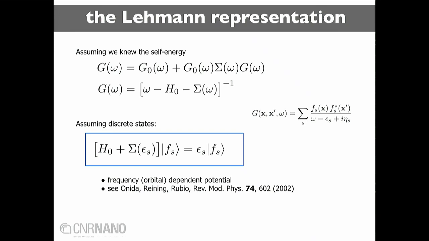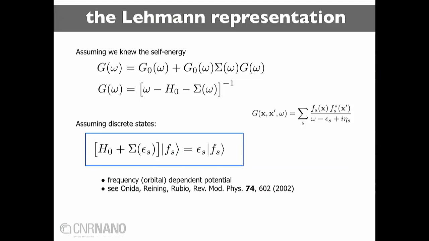This is a definition. How can we compute this quantity? I'll assume you are familiar with this equation here, that is the Dyson equation for the Green's function. So if you want to compute your Green's function, you can start from the knowledge of G0, that in this case is the non-interacting Green's function, where we have simply dropped the interaction.